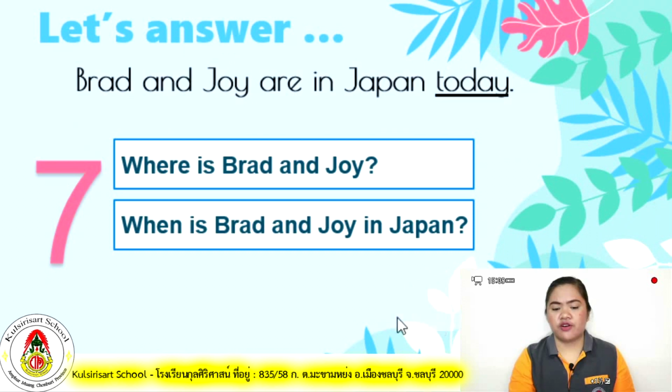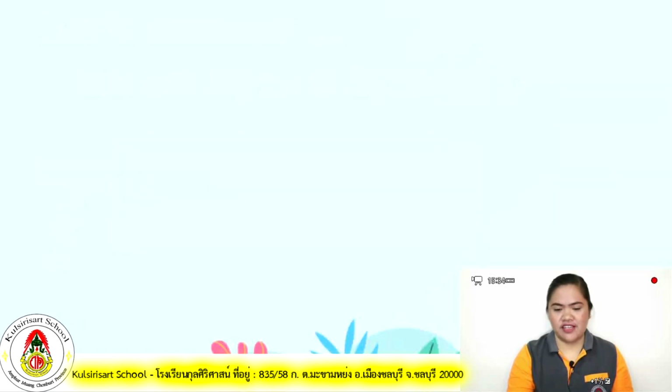What should be the correct WH question? Very good. It should be when, because we are asking about today. It asks for day. Again, when. Very good.